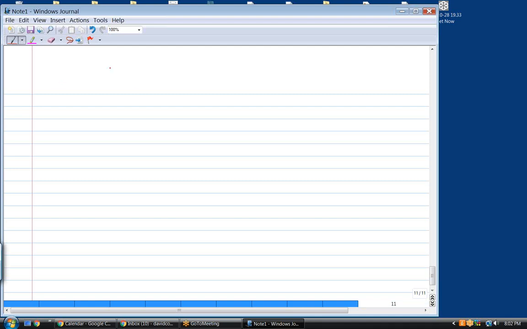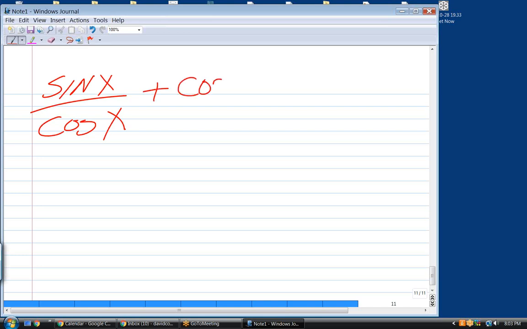So the next one is sine x over cosine x plus cosine x over sine x equals secant x times cosecant x. It's tempting to turn that into tangent and cotangent.